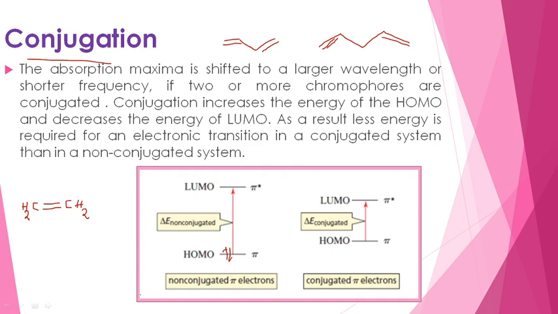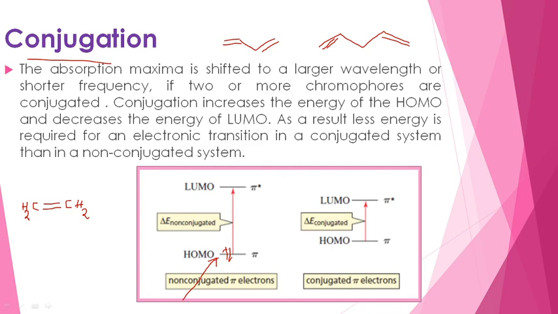If a certain amount of UV radiation is incident on the molecule, this is the HOMO, the highest occupied molecular orbital for the ethylene molecule, and this is the LUMO, pi star. Whenever UV radiation is incident on the molecule, the electrons in the HOMO can be excited to the LUMO.